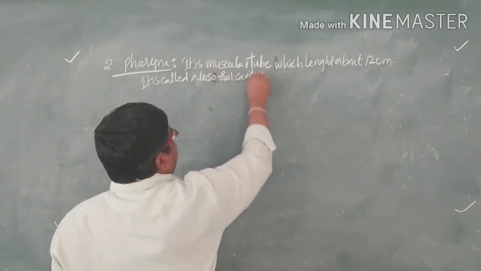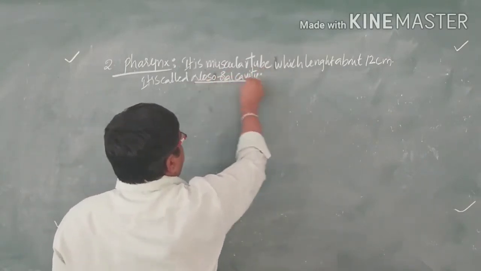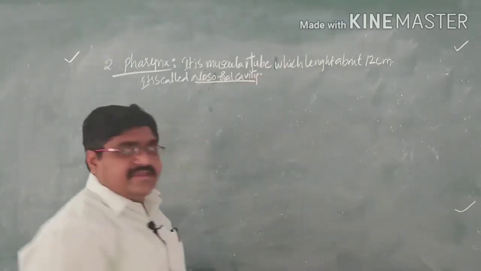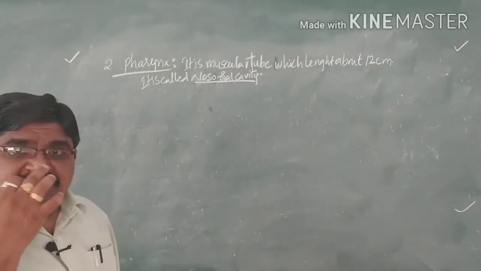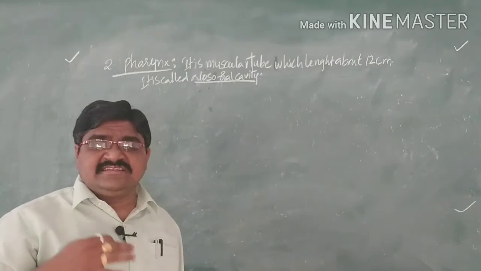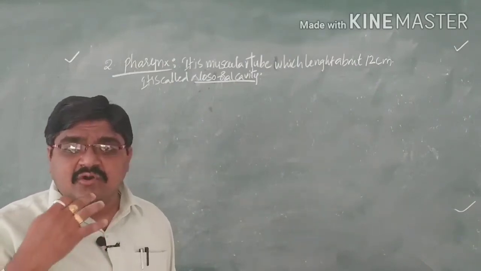That means it is present between the nasal cavity and the oral cavity, behind the nose, and it is a combination of the nostrils and the oropharynx, that is, the mouth opening.